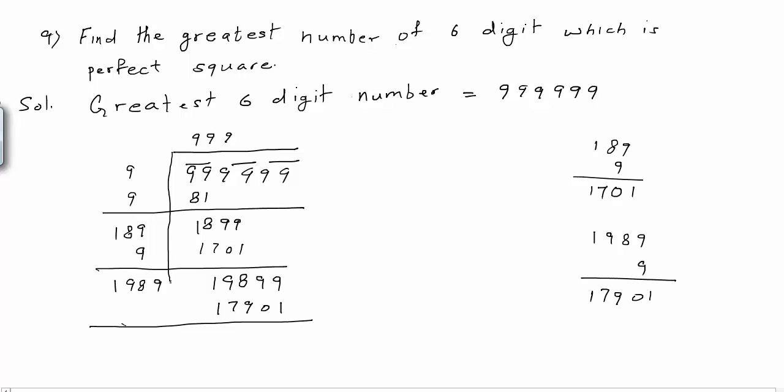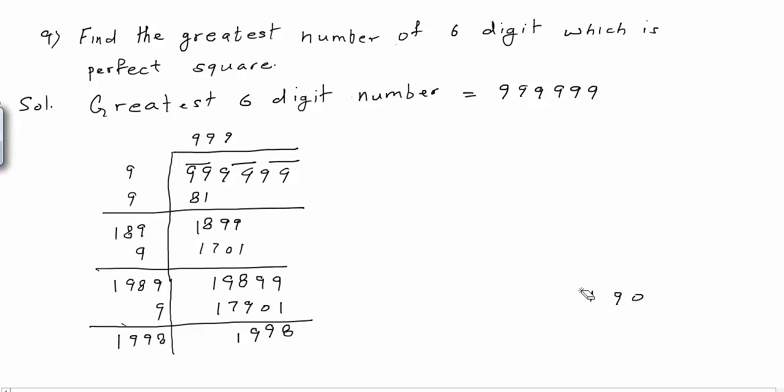I subtract. So 9 minus 1 is 8, 9, 9, 1. I add 9, 9 9 is 18, 9, 9, 1. So 1998, this is what I am getting as a remainder.